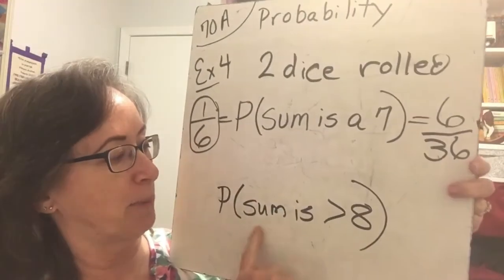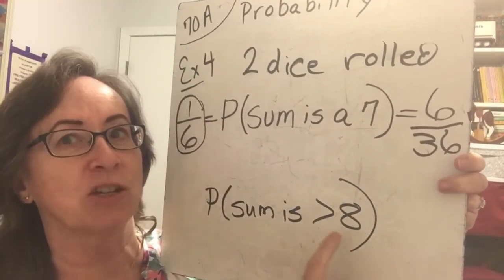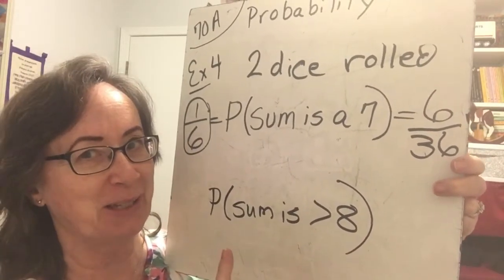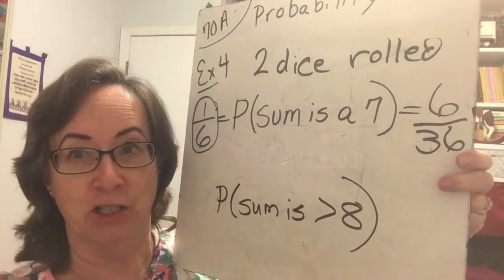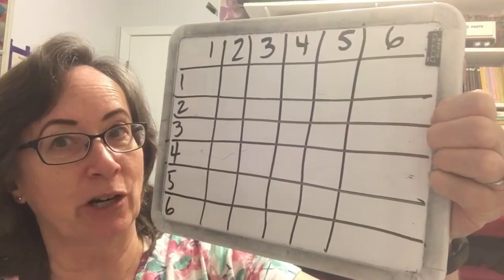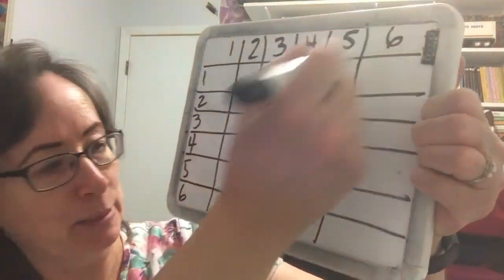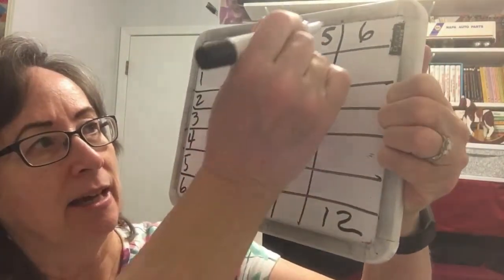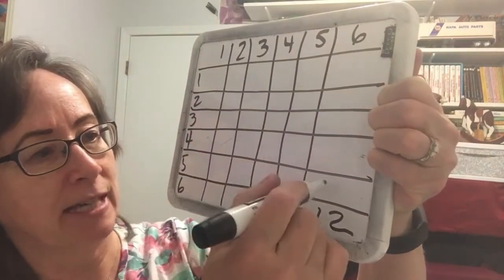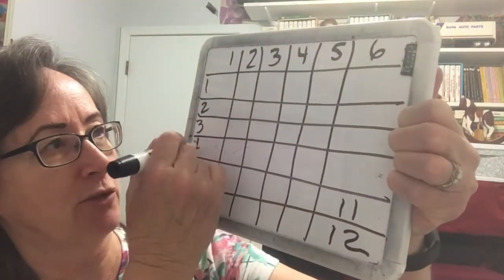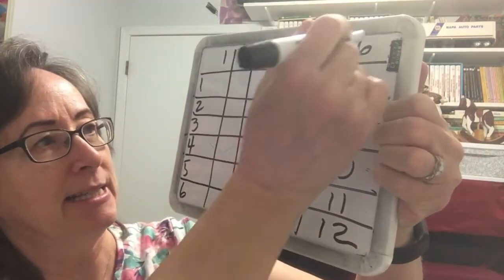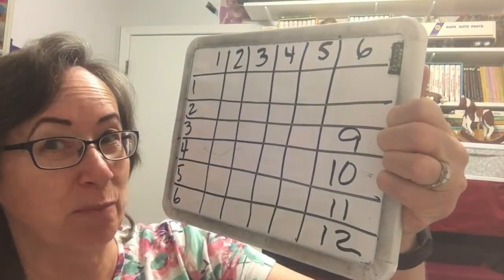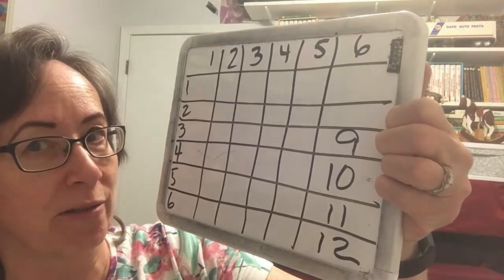But now, what is the probability that the sum is greater than 8? So now we have to go back to our little chart here. I made our chart a little bit larger. 6 plus 6 is 12. That's greater than 8. 6 plus 5 is 11. 6 plus 4 is 10. 6 plus 3 is 9, and that's the smallest we can go to be greater than 8.